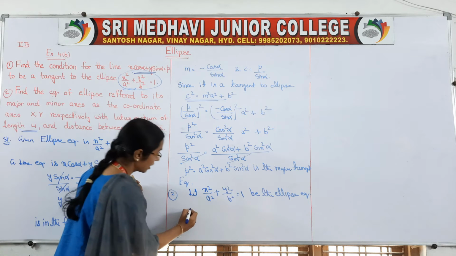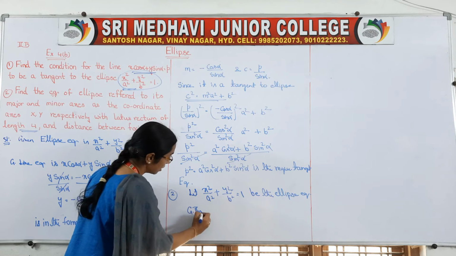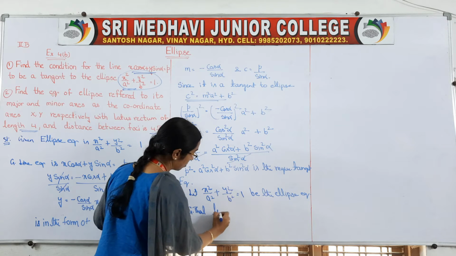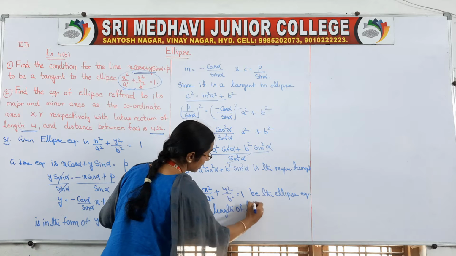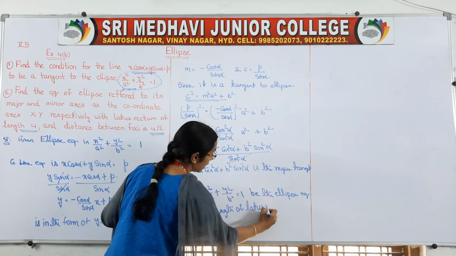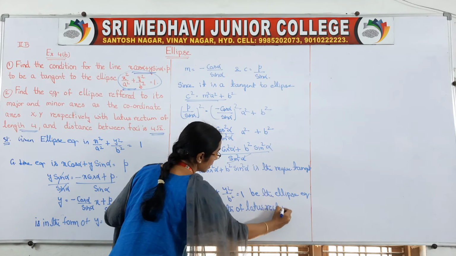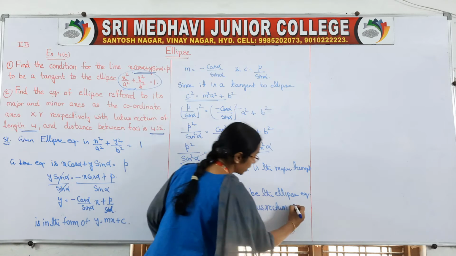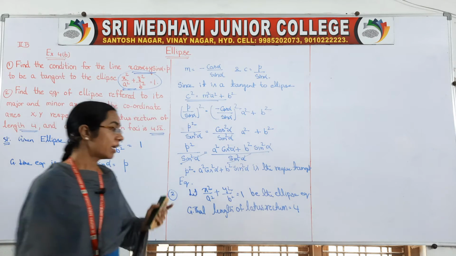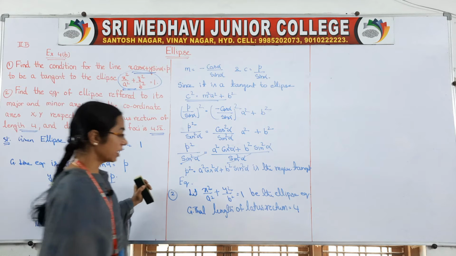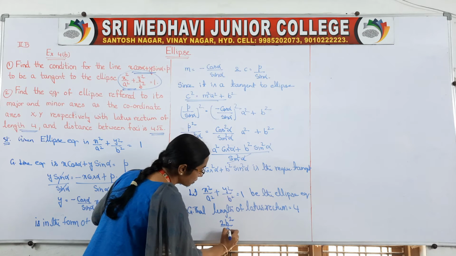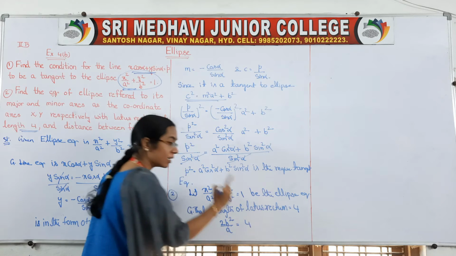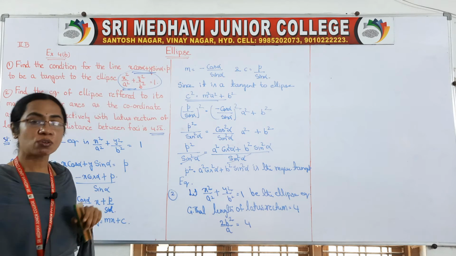So, what is the given condition? The length of the latus rectum is given as 4. If a is greater than b, the length of the latus rectum formula is 2b square by a, and that value is given as 4.